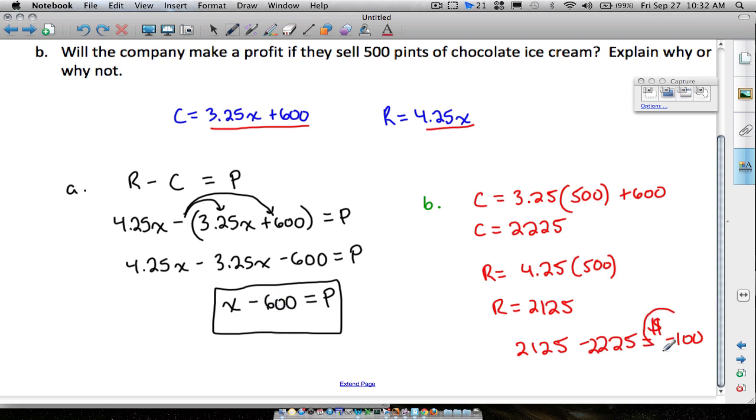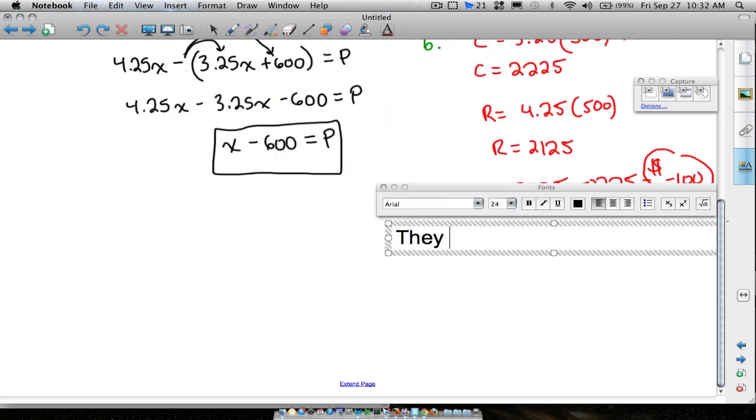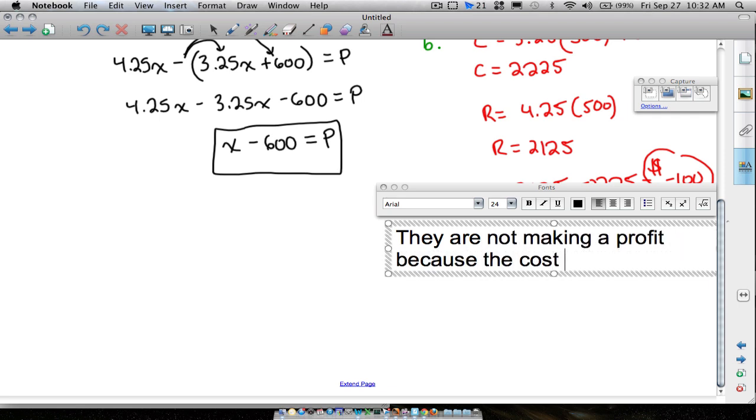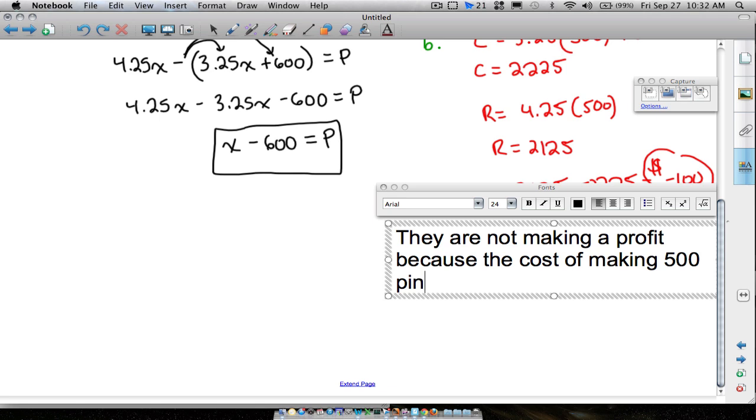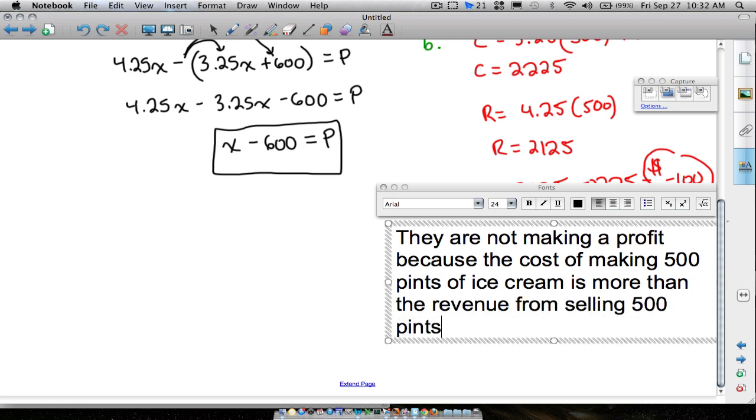Hello, that's that same number right there. So they're not making a profit. They're actually losing money. And let's explain that. They are not making a profit because the cost of making 500 pints of ice cream is more than the revenue from selling 500 pints of ice cream.